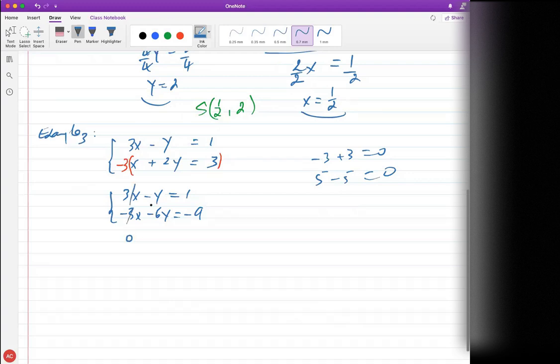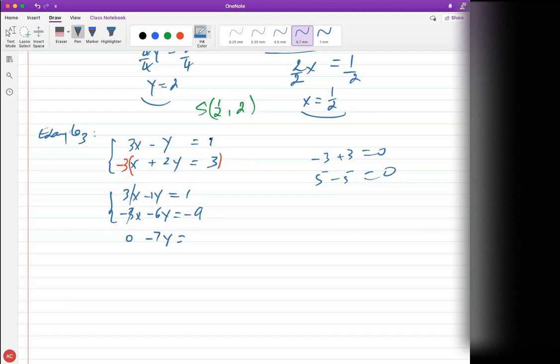We have -1y minus 6y, which turns into -7y. And here we have 2 minus 9.